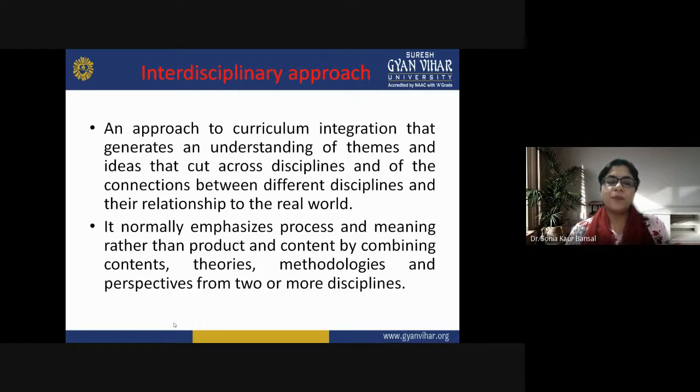But when you combine the content and theory and methodology and other important things from another discipline also, it will enhance its usability, and its effectiveness will also be enhanced. That's why the interdisciplinary approach is so much in demand nowadays, and you must study it, being a research scholar, because when you are researching something, you don't have to be limited to your own area only.